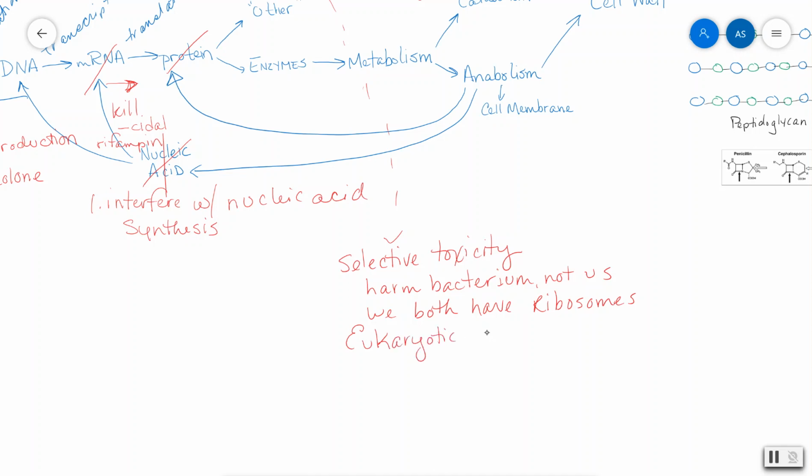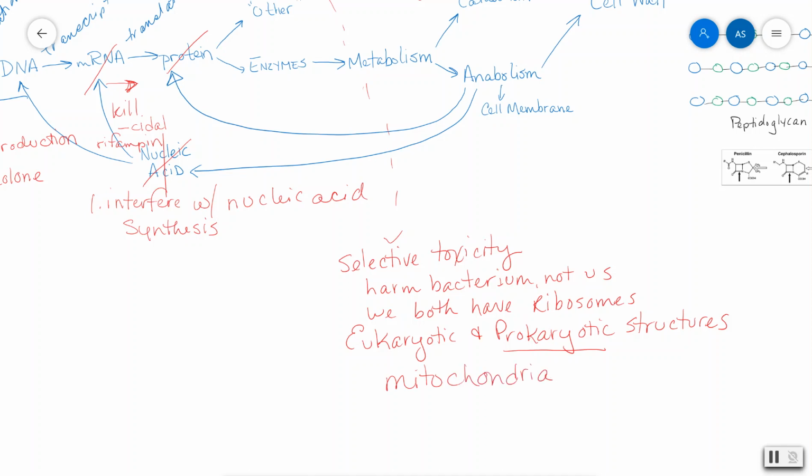Eukaryotic and prokaryotic ribosomes have different structures. So basically, if they have a different structure, the drug will bind to the prokaryotic ribosome, but not the eukaryotic ribosome. It does get a little dicey when we talk about mitochondria.